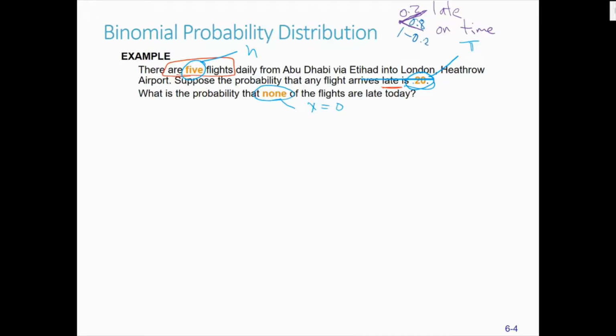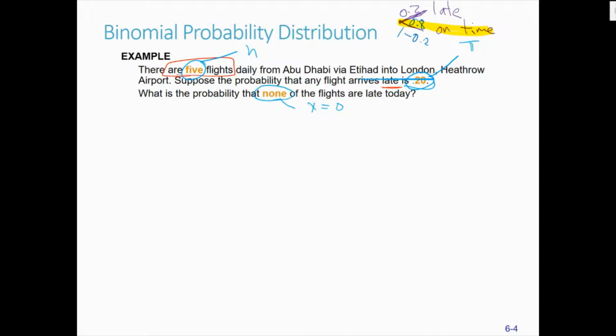We'll just concentrate on 0.2, but they could give you the probability of a flight arriving late, and then ask for the probability of none, or 1, or 2, or 3, or 4, or 5 of the flights arriving on time. At that point, we're looking at the opposite side. If there are only 2 choices, you also have this information as well.